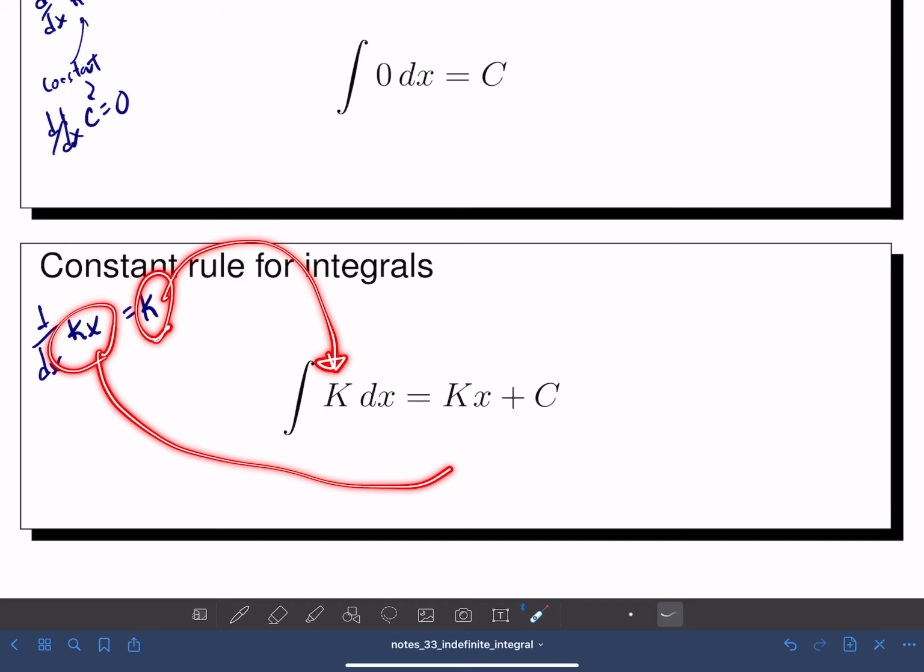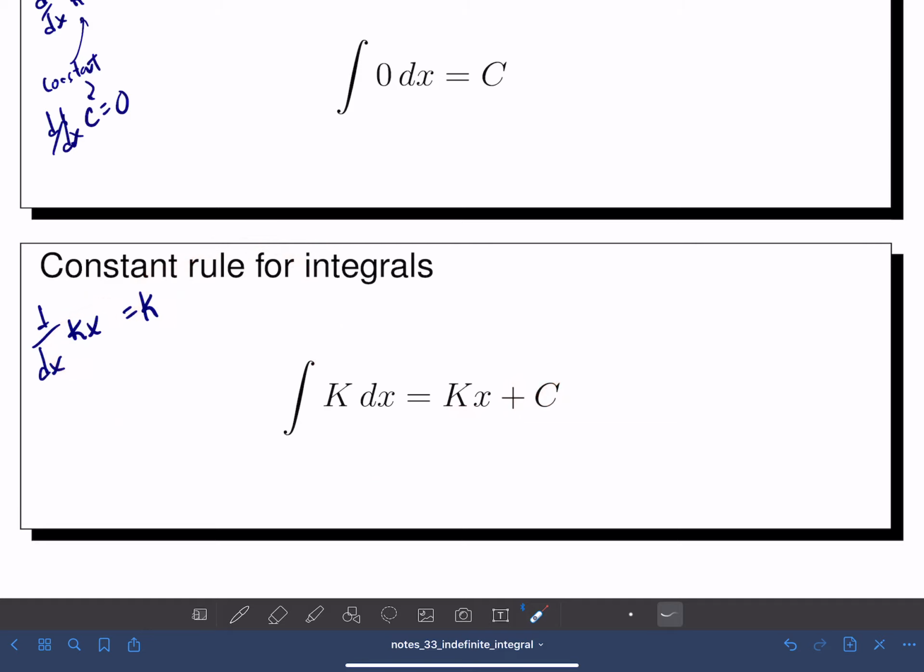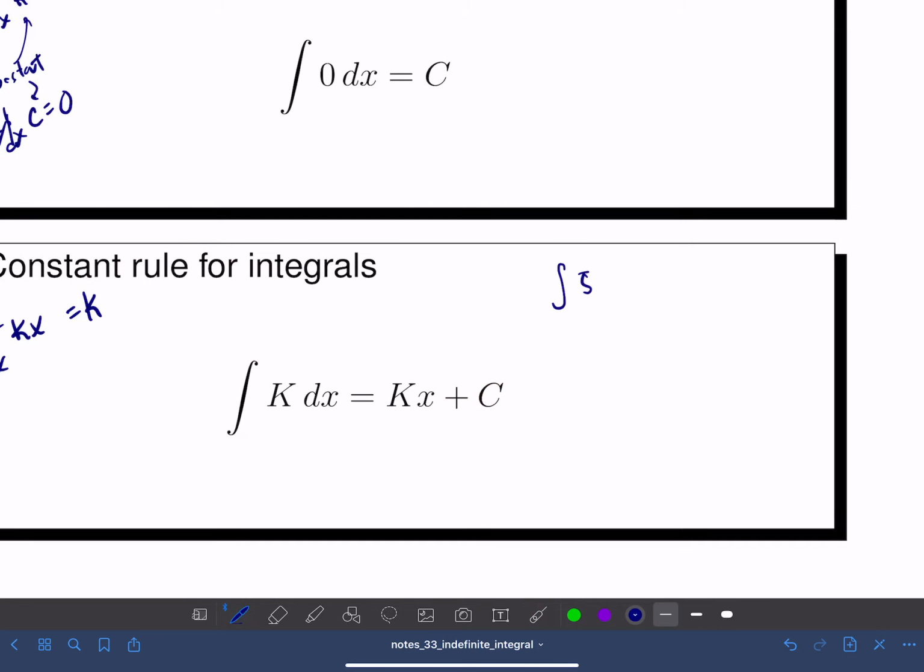I'm going to take that thing, and it's going to go right there, and I'm going to add c. That's literally how I remember these. So the integral of a constant is that constant times x plus c. This is like the integral of 5 dx is equal to 5x plus c.